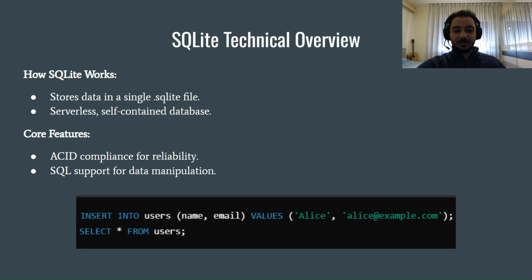It supports SQL, so queries like creating tables, inserting data, and retrieving records are simple and familiar. I've included an example right there on the slide of some basic SQL queries you would make on SQLite.